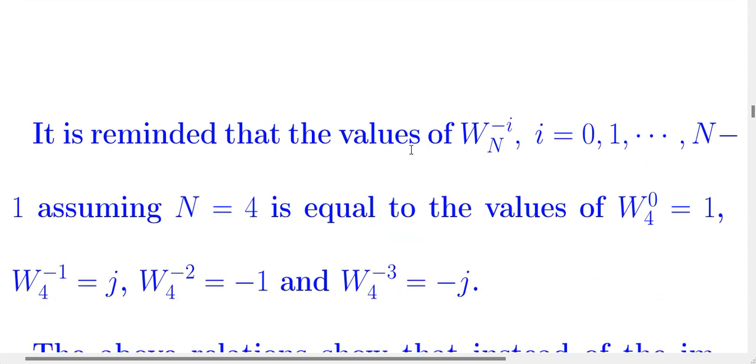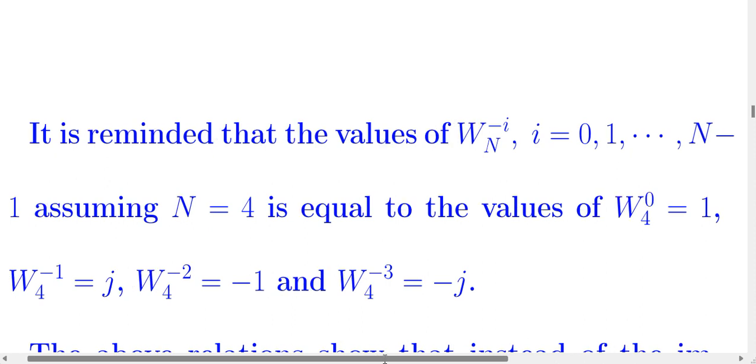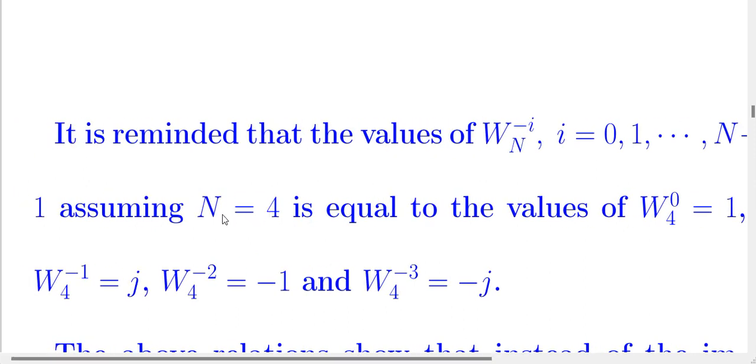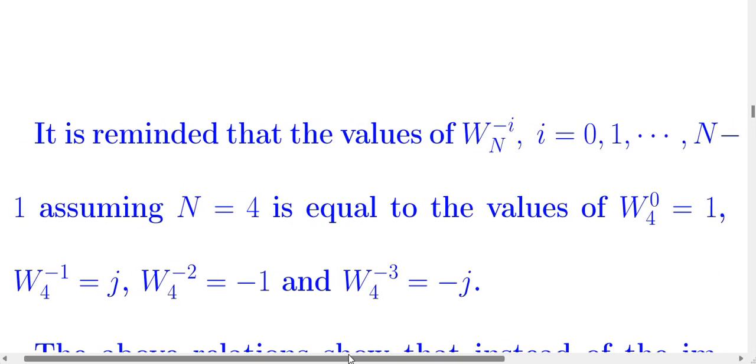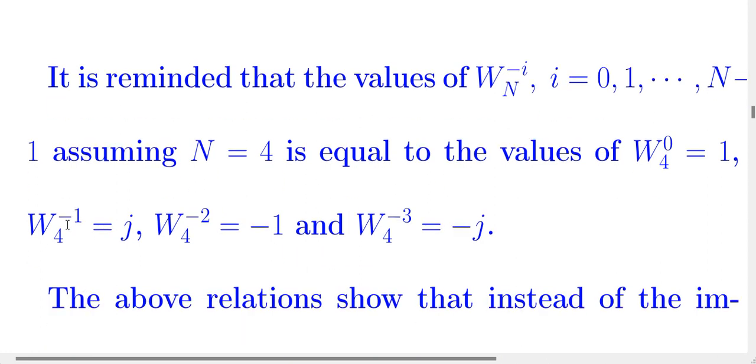It's reminded that the values of W_N to the power of minus i, where i is from 0 up to N minus 1, assuming N equal to 4, are the values of W_4 to the power of 0, which is equal to 1, and W_4 to the power of minus 1, which is equal to j, 90 degrees, and W_4 to the power of minus 2, which is equal to minus 1, 180 degrees, and then the last one, minus 90 degrees, on the unit circle.